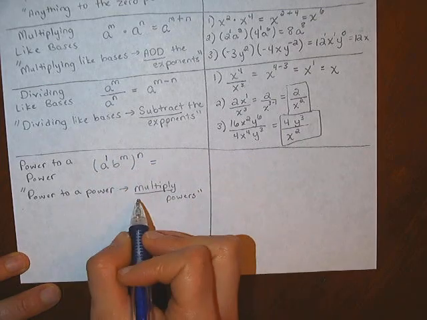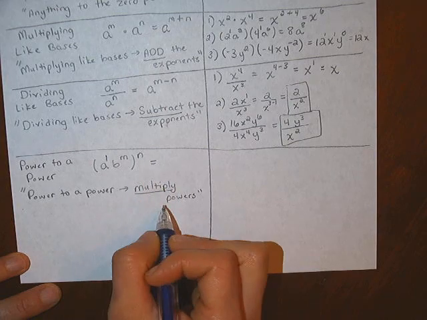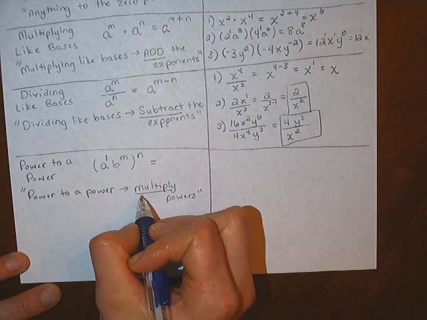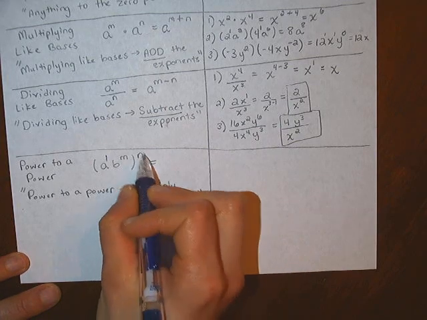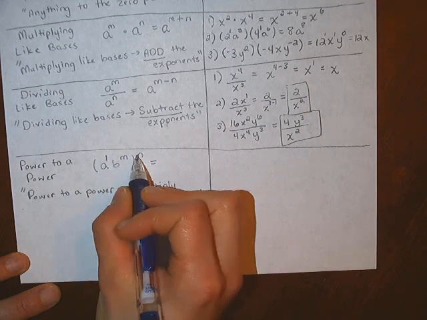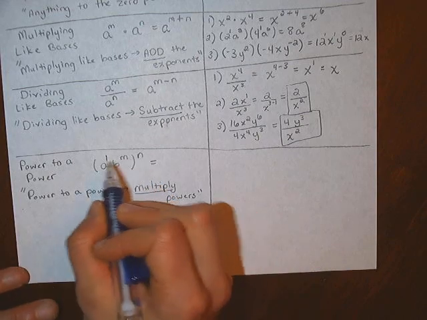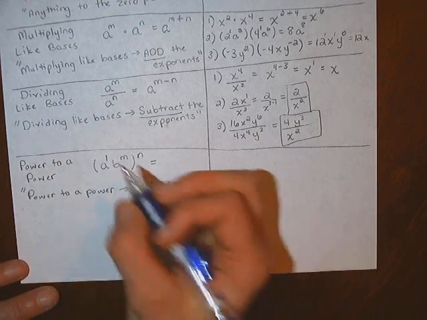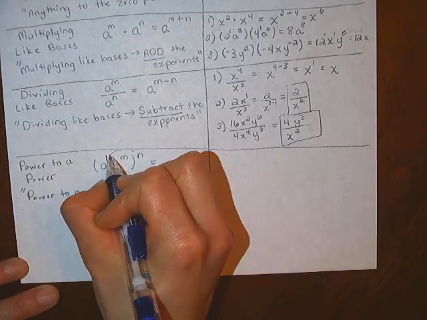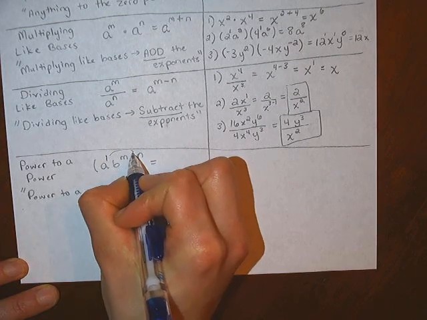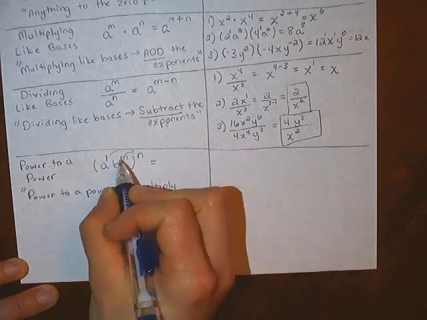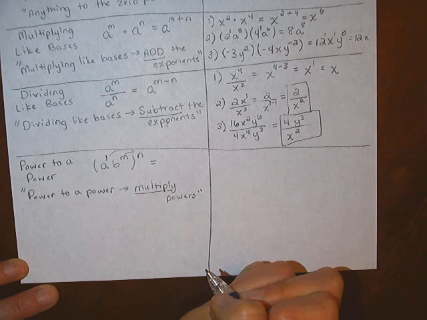So when you do this rule, it's almost like you're going to distribute this power to all the other powers in the parentheses. So you're distributing exponent to exponent. If I did this, it'd be n times 1 and then n times m. So it's almost like it's distributing.